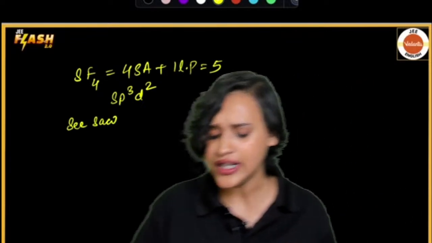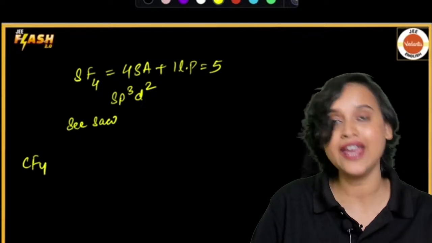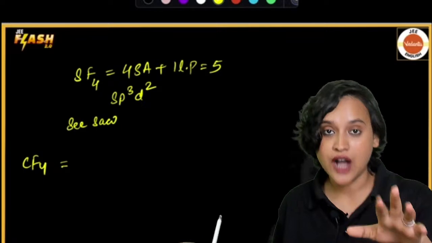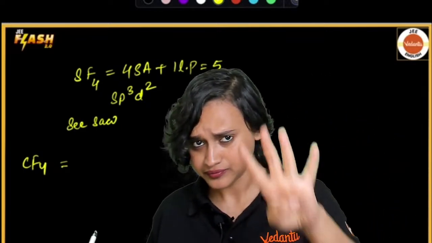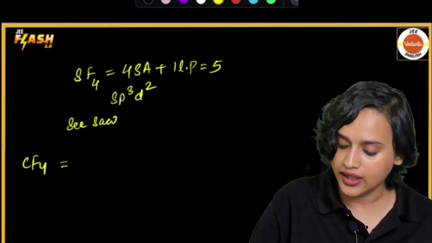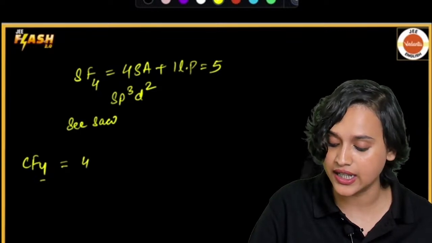Now, let us talk about CF4. For CF4, this is carbon. Carbon is the central atom. How many electrons are there in the outermost shell? 4. So here if we want to calculate the steric number, there are 4 surrounding atoms and obviously 0 lone pair.